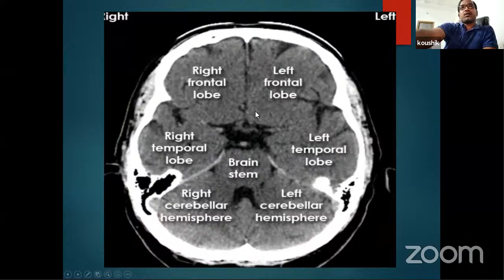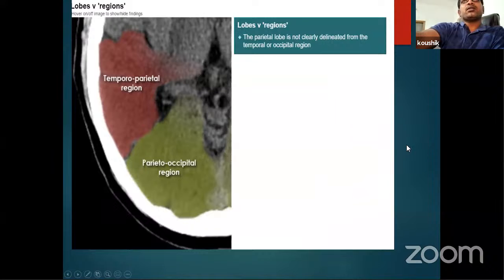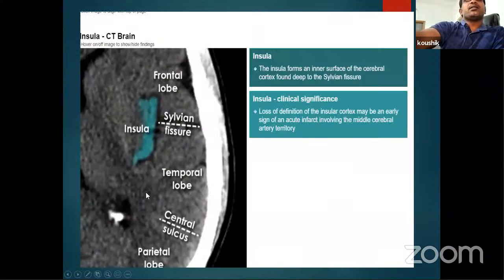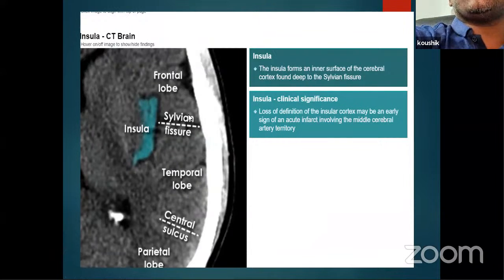In the lower sections of the brain, we find the brainstem and the bilateral cerebellar hemispheres. Then one more important structure is the insula. Insula is nothing but a gray matter lined structure deep to the Sylvian fissure.